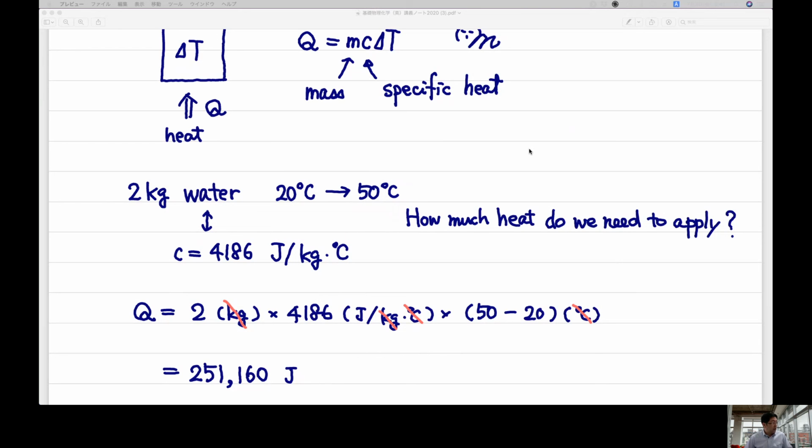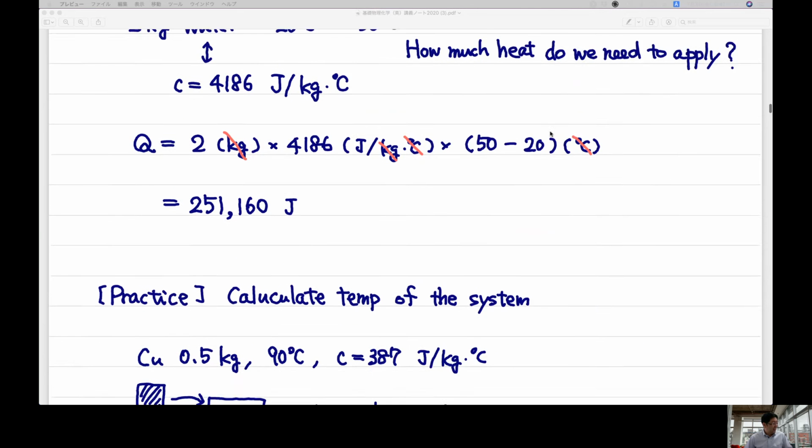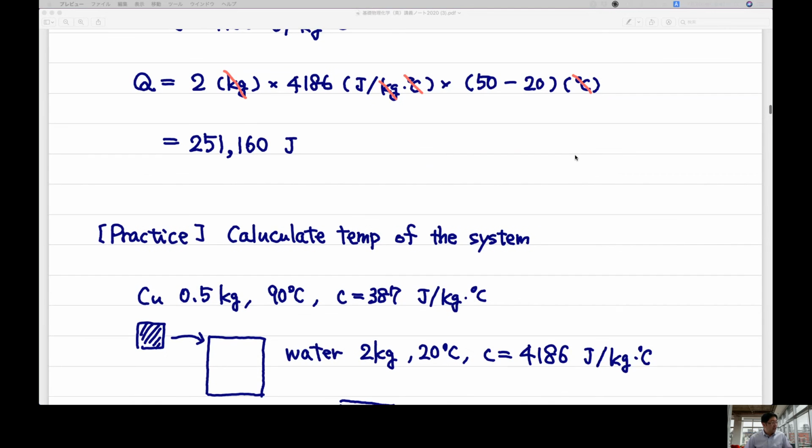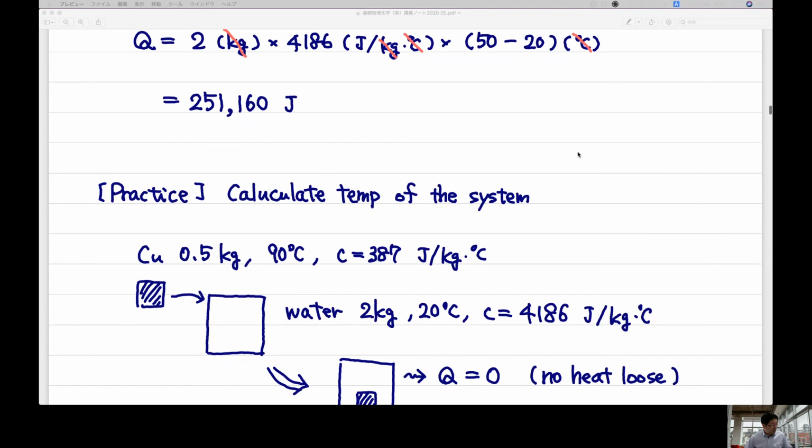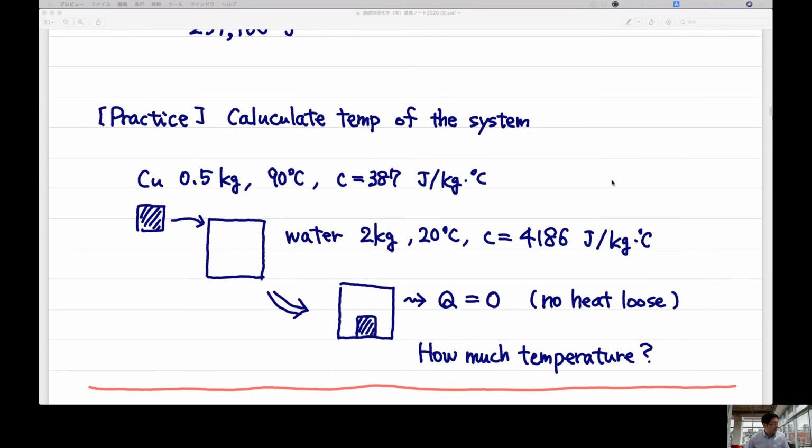If you understand this equation, I mean the MCAT, you can calculate the temperature of the system after mixing two materials. Okay? So this is the practice.